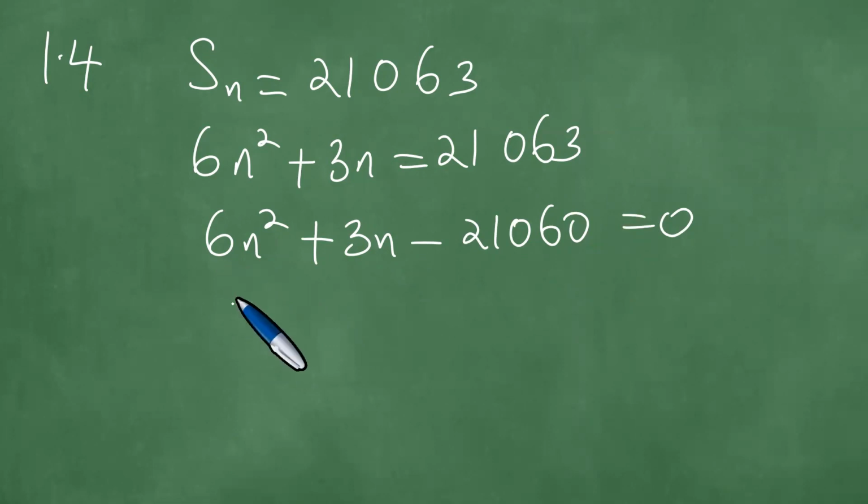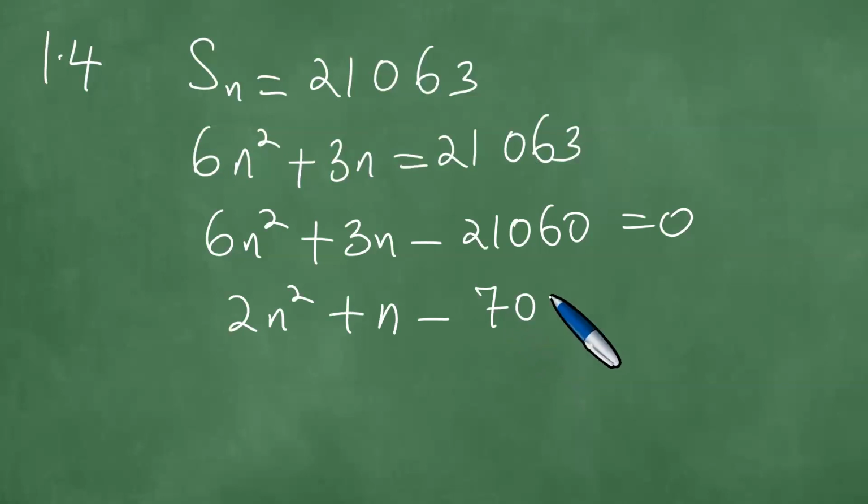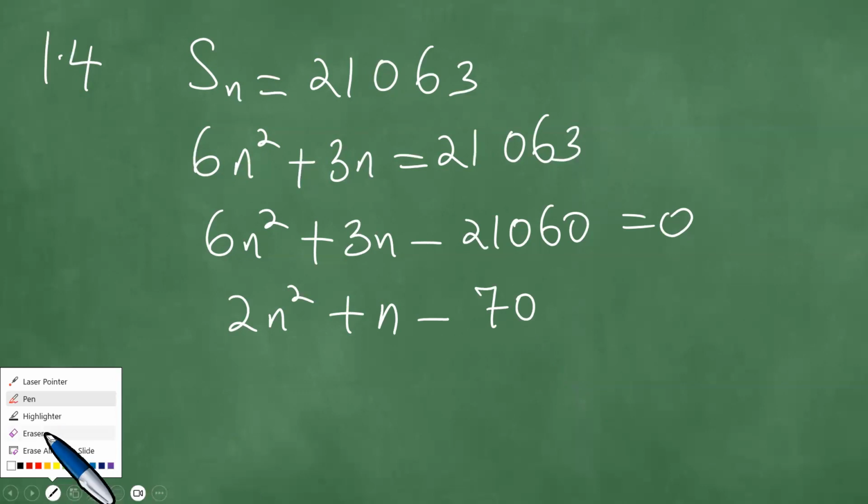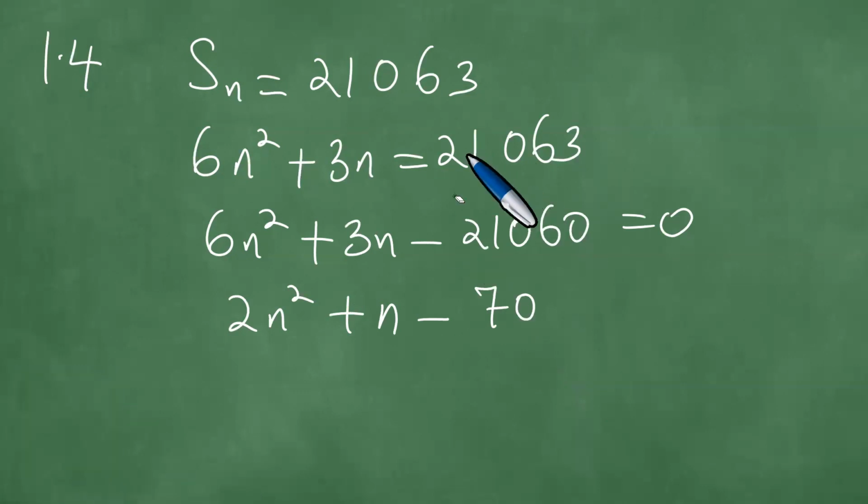Okay, so divide through by 3. 6 divided by 3 is 2. You divide 3 by 3, you get 1, so it will just be n. And then you divide 21,063 by 3, you get exactly 7,021. Okay, this one here we're bringing to the other side, but it's a 3.